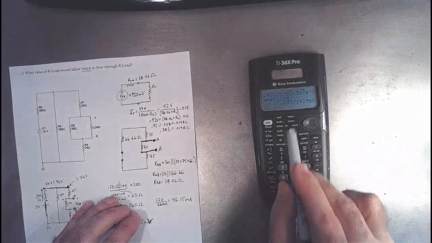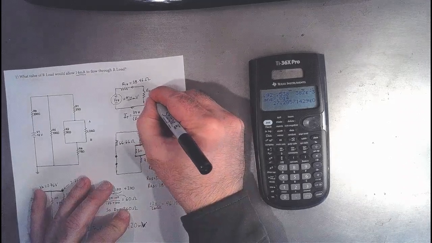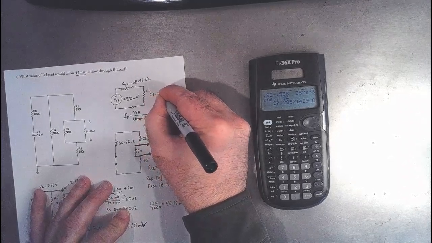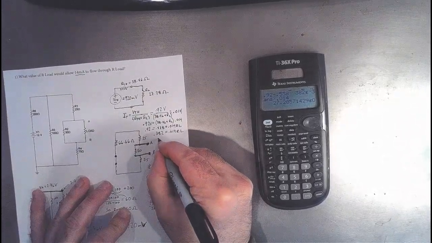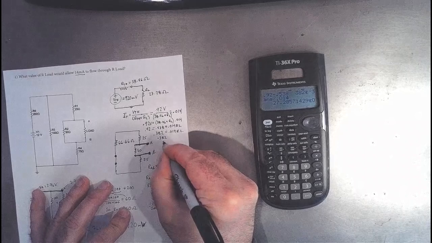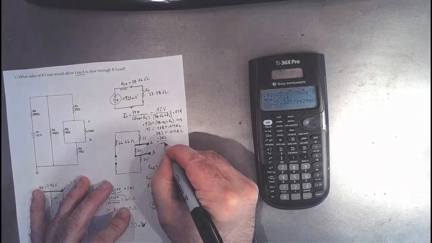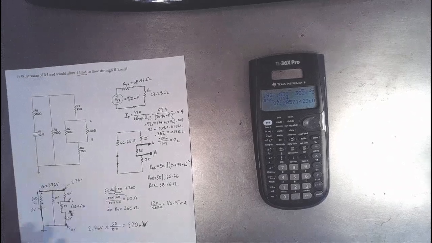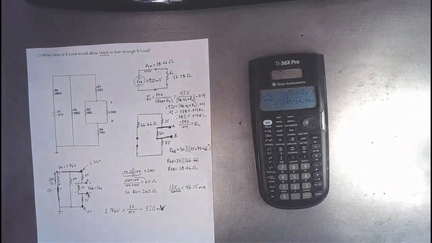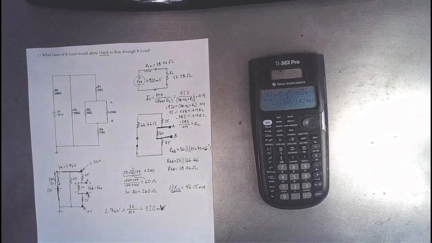And we get 27.28 ohms for RL. So 0.382 divided by 0.014 equals RL. So there we have it. We know what RL should be.